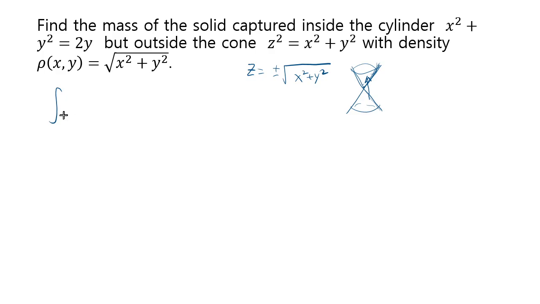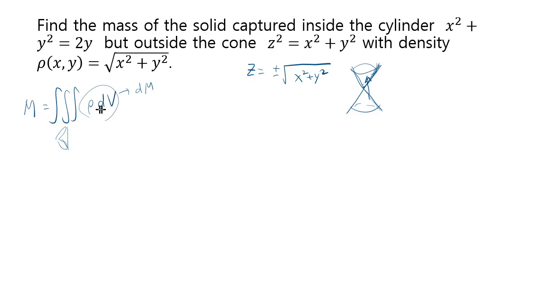Oh, and by the way, the mass is the integral of the density, because rho times the volume gives you a small mass, and if you integrate this over this strange domain that we just did, then you get the mass of the object.